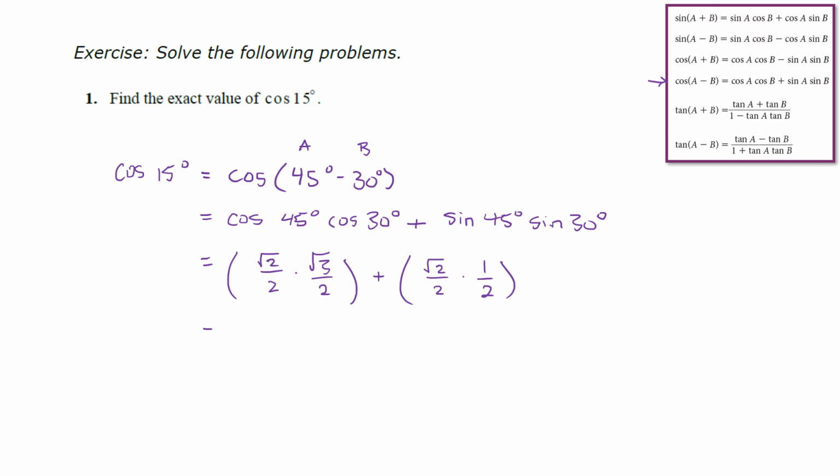Multiplying fractions, I multiply across, so I'll have the square root 6 over 4 plus the square root 2 over 4. Since they have the same denominator, I can combine the numerators and place everything under the same denominator, which is 4. So the cosine of 15 degrees is going to be equal to square root 6 plus square root 2 all over 4.